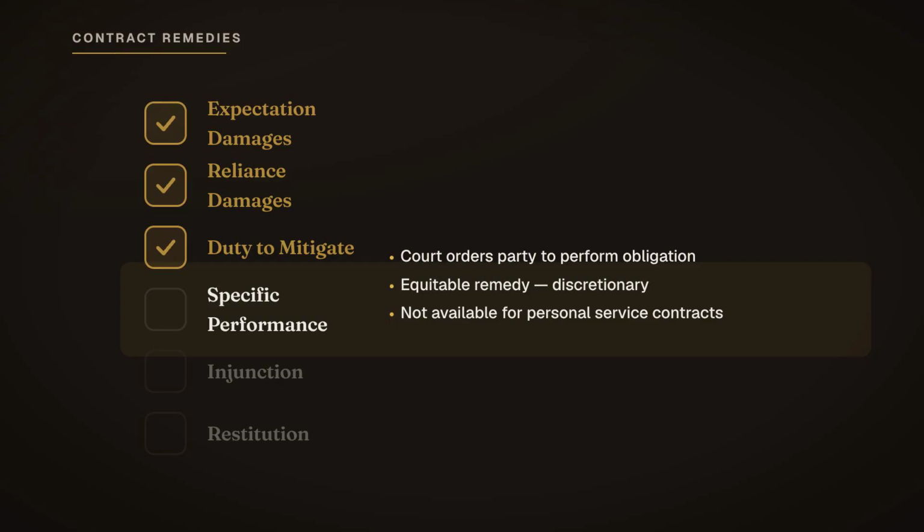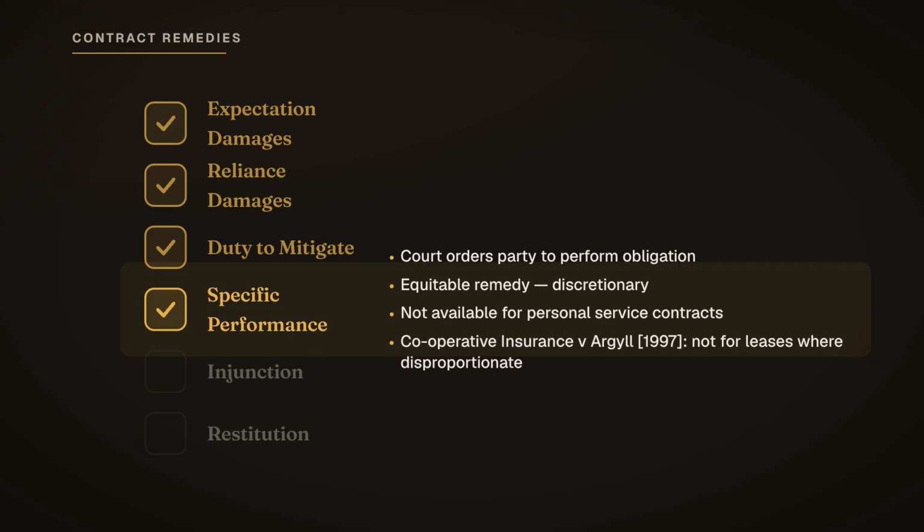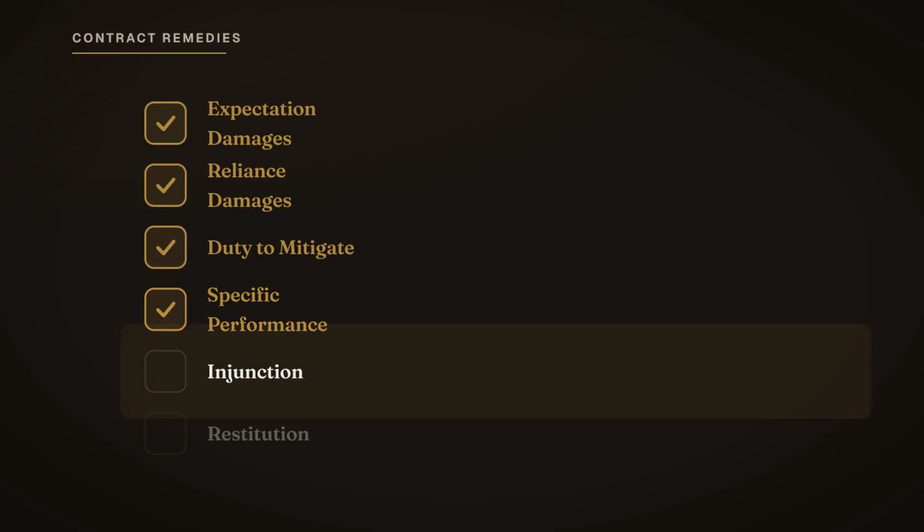Argyle Stores in 1997, the House of Lords refused to order a supermarket to keep trading, on the basis that supervising ongoing performance would be unworkable. Specific performance is therefore most naturally suited to contracts for the sale of land or unique goods, where damages would be an inadequate substitute.